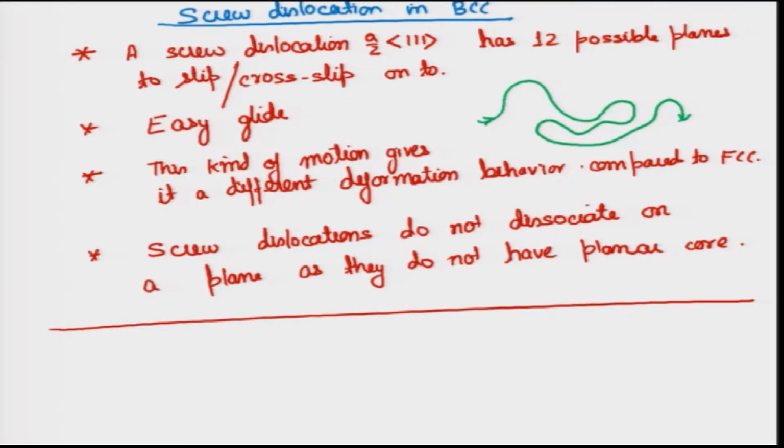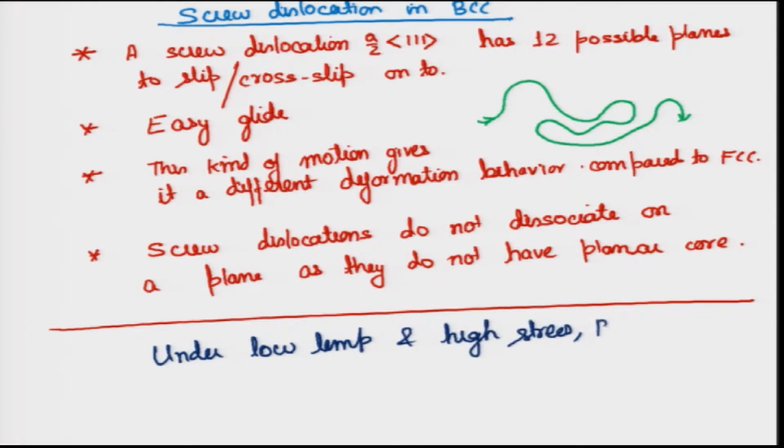Okay, so this is about the screw dislocations, but even before we move on to more about the dislocations in BCC, what you should know is that under low temperature and high stress, BCC metals can deform by twinning, and this twinning is not happening on the 110 plane, because just now I said that stacking fault energy is too high and no stacking fault is formed on the 110 plane.